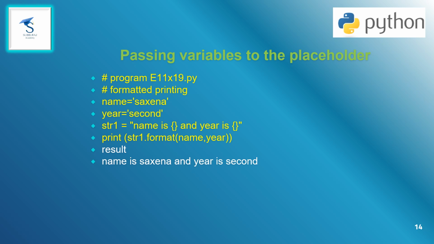Name is curly brace, and here is curly brace. Now the change comes here: print str1.format, name comma here. So you get the result, name is Saxena, and here is second. So we saw two ways of placeholder. The first one was percentage s. Here we simply use the curly braces. In both cases, it works well.